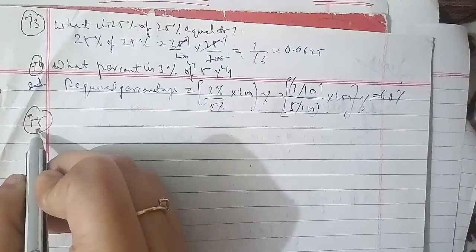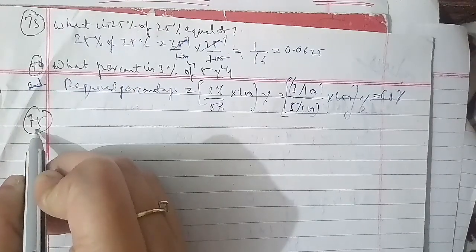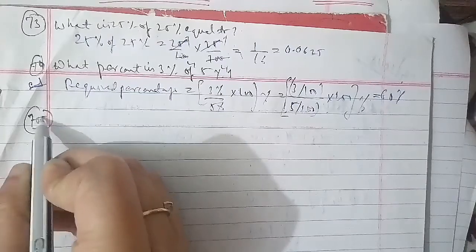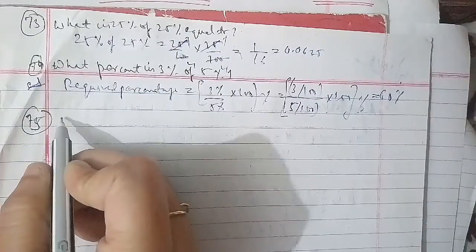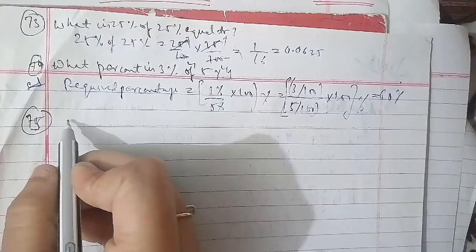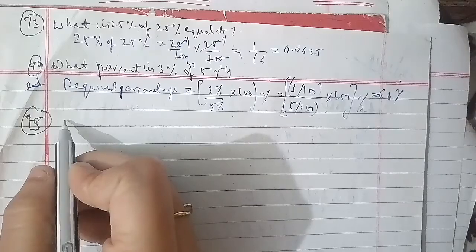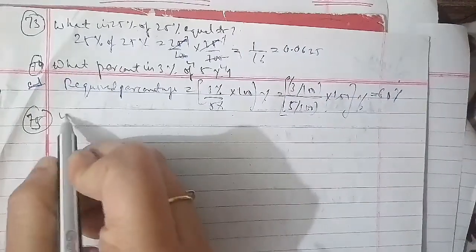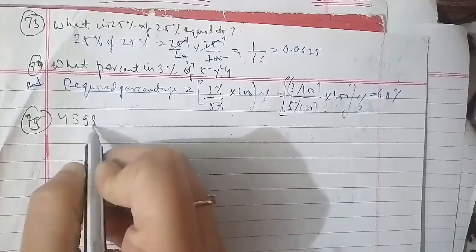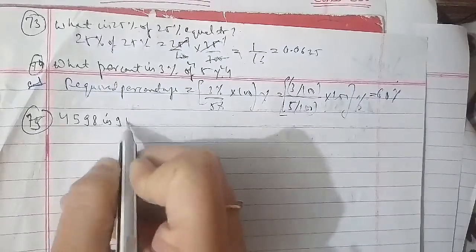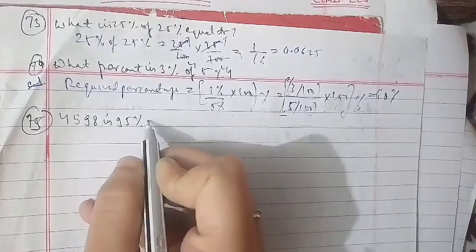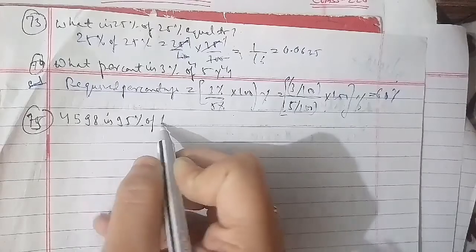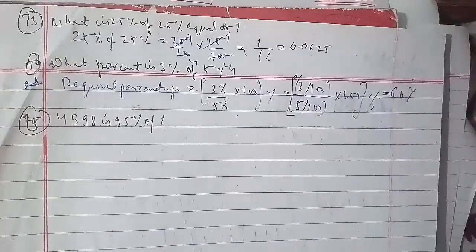That is 95 upon 100 into x equals 4598, or x equals 4598 into 100 upon 95, which equals 4840. That will be the right answer for this question as well.